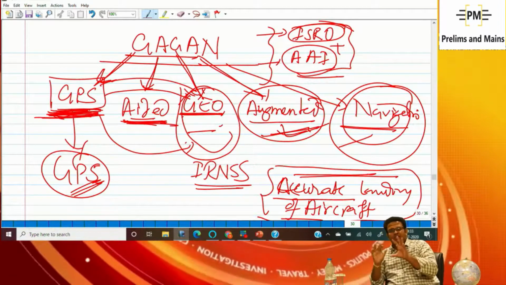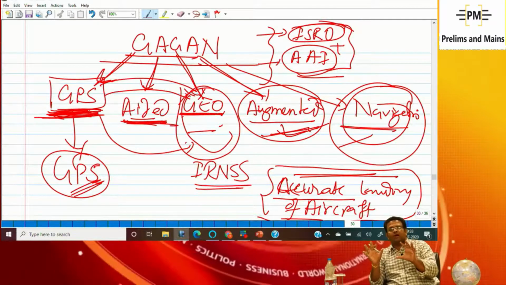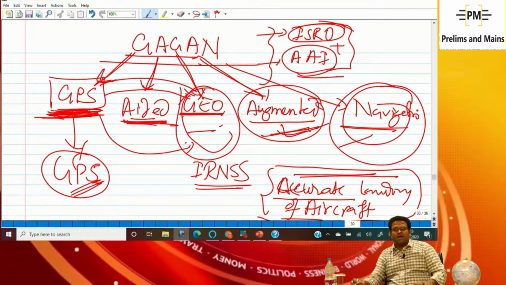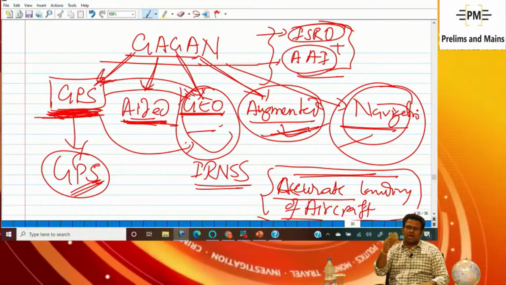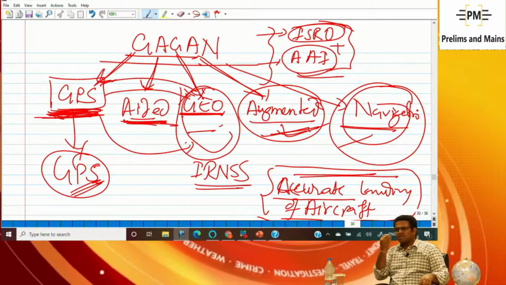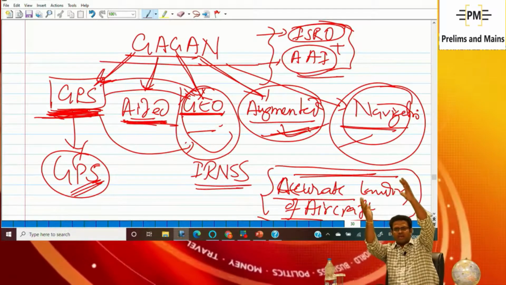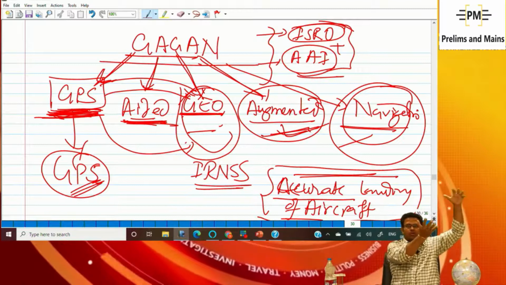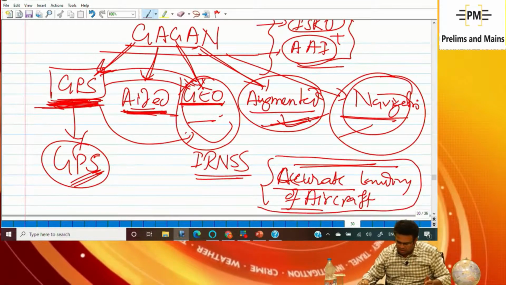Beta, right now IRNSS is not completely workable. I have said that there are 3 things required. Such a foolish question you started asking again. IRNSS is not working right now, but IRNSS can give information to the already working GPS.